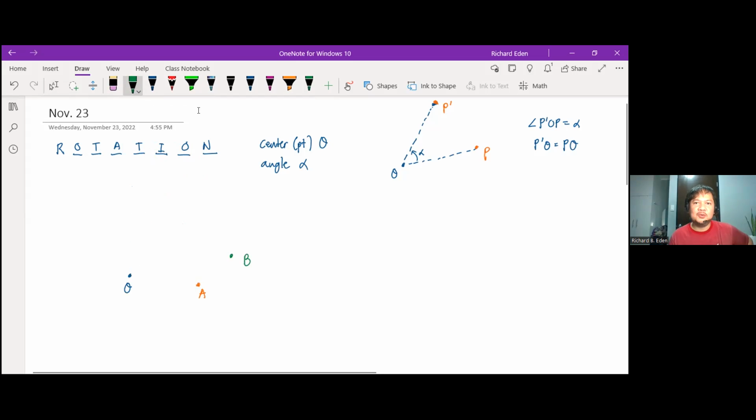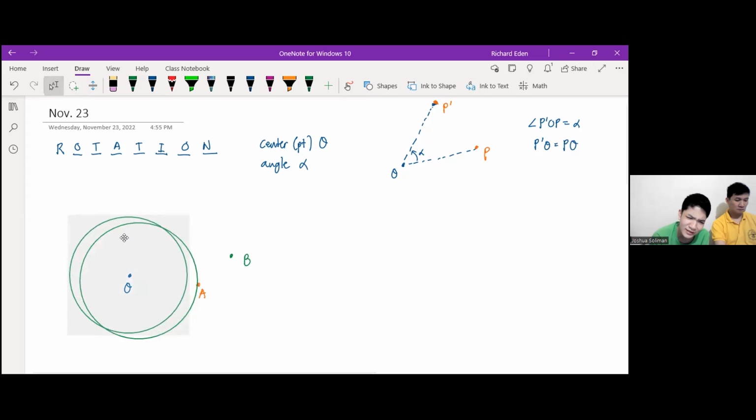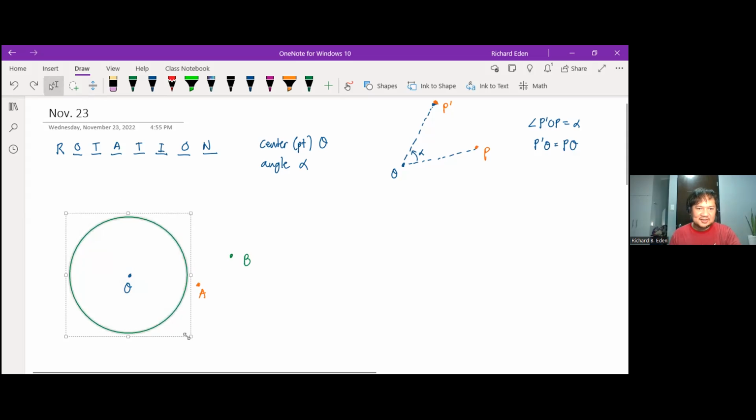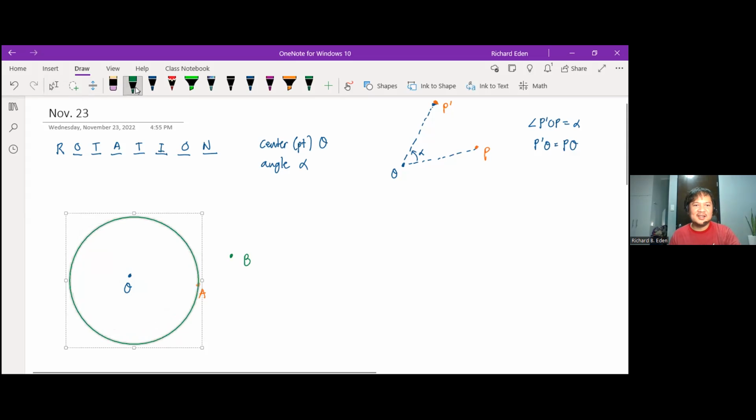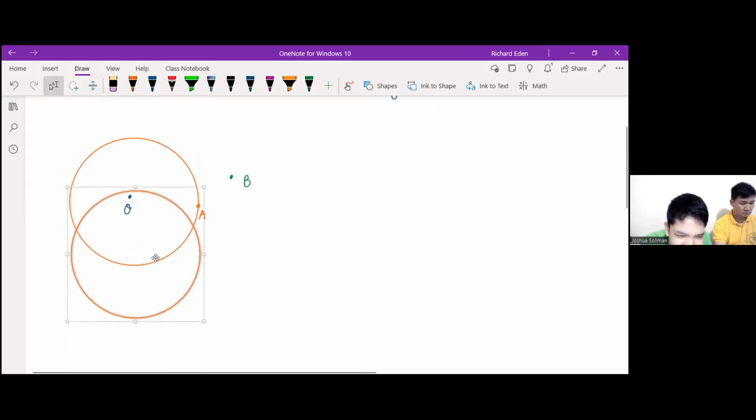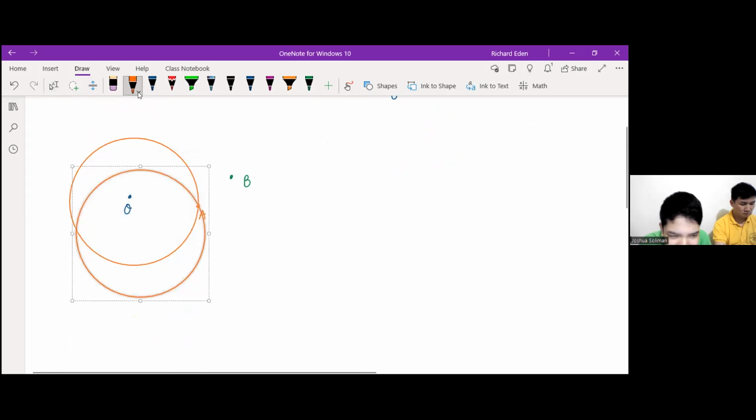So I suppose what we gotta do is draw a circle. Parang, okay. Oh wait, hold on. It looks like a circle already, but it looks like it's off center. Ayan. Another circle. That is cheating. You must draw everything.